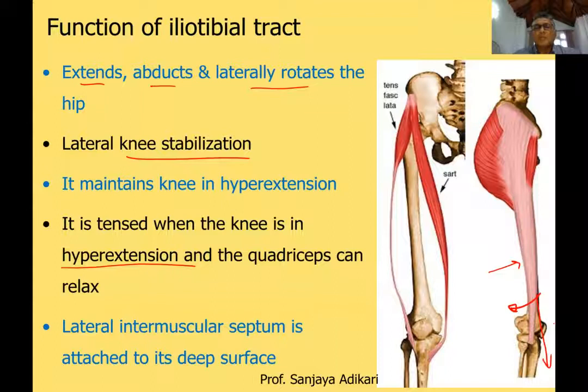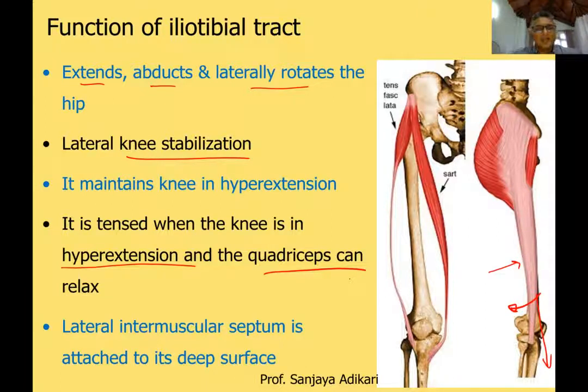Because that position is the locked position of the knee joint actually. In that position, the quadriceps muscles can relax. So you frequently do this when you are standing for a long time. You tend to hyperextend one knee joint while the other one is slightly flexed, and you bear the weight on the hyperextended knee joint.